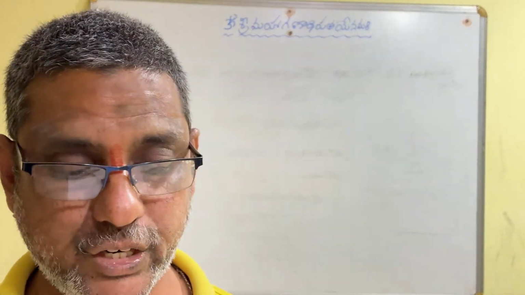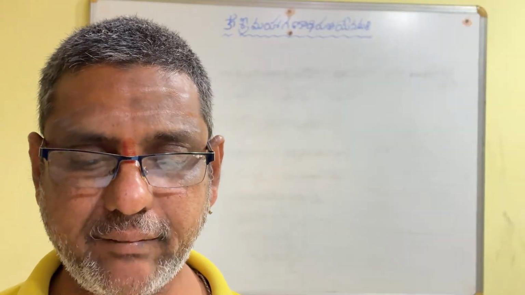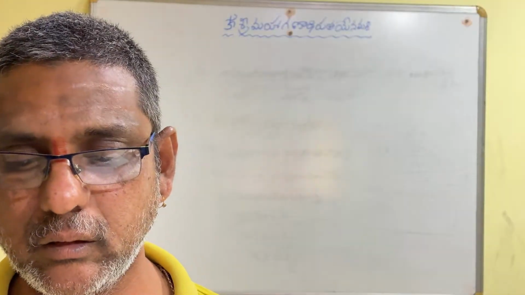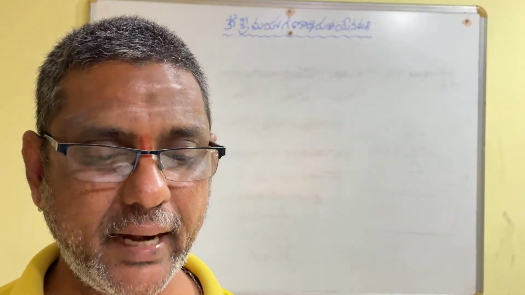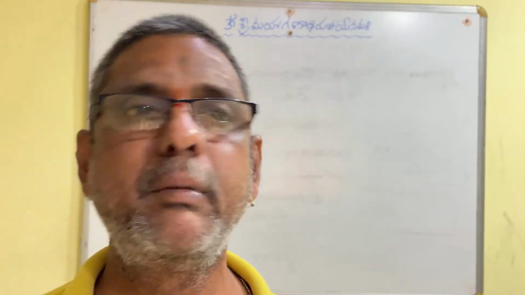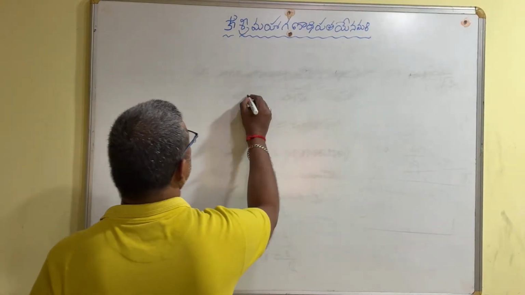Next, 23rd question. Diagonals AC and BD of trapezium ABCD with AB parallel to DC intersect each other at O. Using similarity criteria of two triangles, show that OA by OC is equal to OB by OD. First, draw a trapezium.